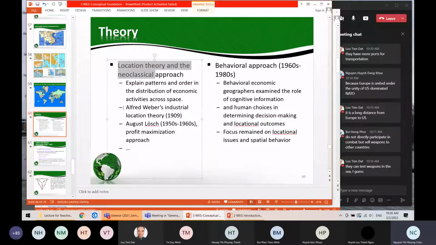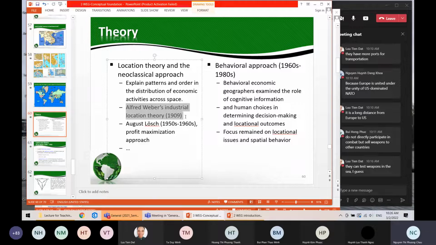But the theory in the first group is mainly based on absolute location, distance, and you see, more on the physical characteristics of geography. And we will discuss more the theory of Alfred Weber.